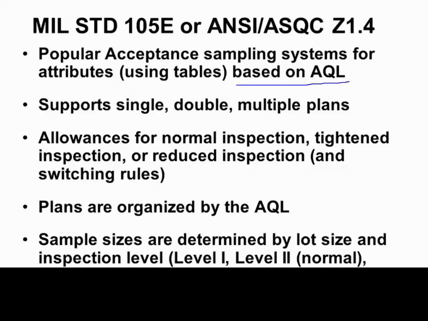And then there are rules for switching from normal to tightened or from tightened back to normal and then from normal to reduced. The plans are also organized by lot size and these levels of inspection. What I find is there are so many choices that you can decide, well, this is the most I can afford, so I'll just go with this one, rather than doing what's right as far as controlling the risks.